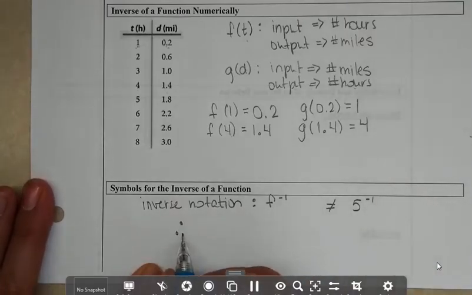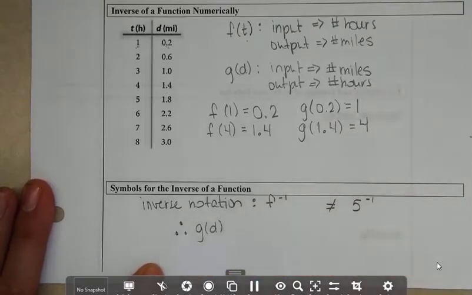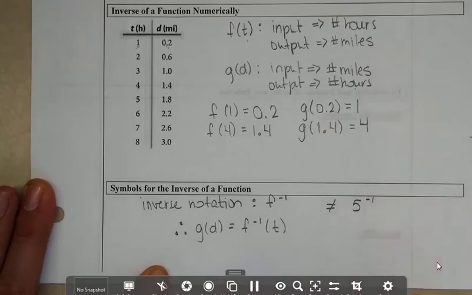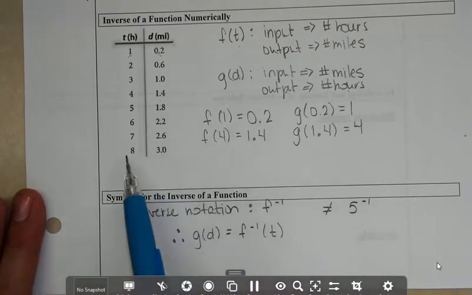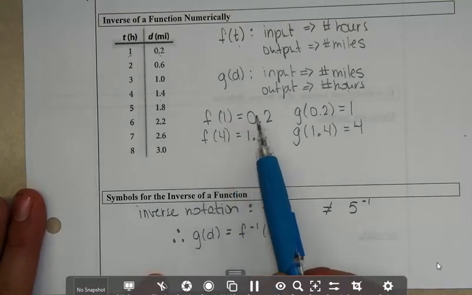So therefore, we can say that our time function, which we labeled as the g function, g of d, is really the inverse of the distance function, which we labeled f, or f of t. Now, how can we say that? Well, numerically, we can see that right here. If I put an input into the f function, I get out that.